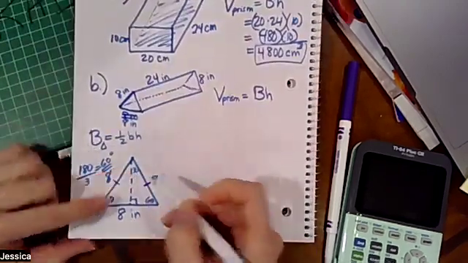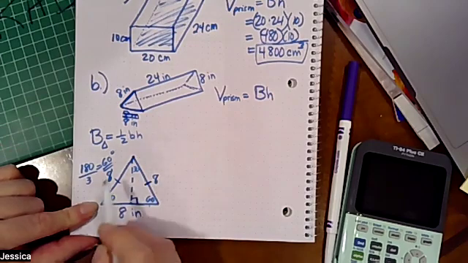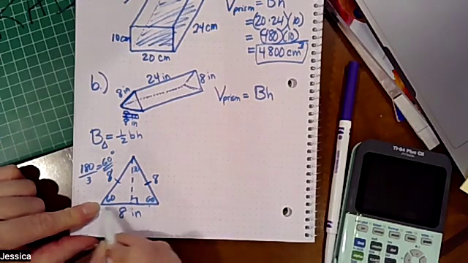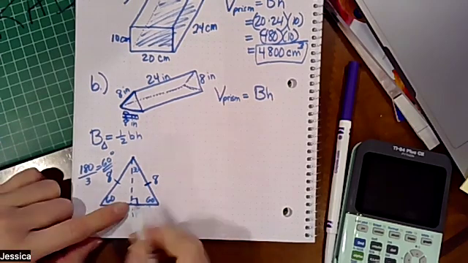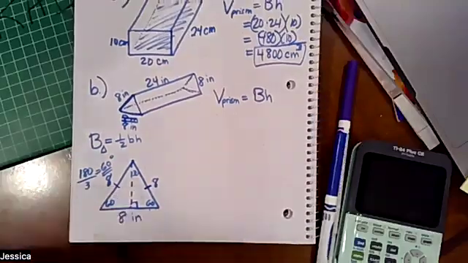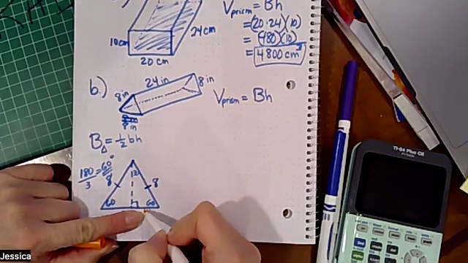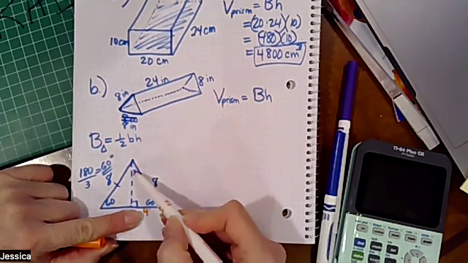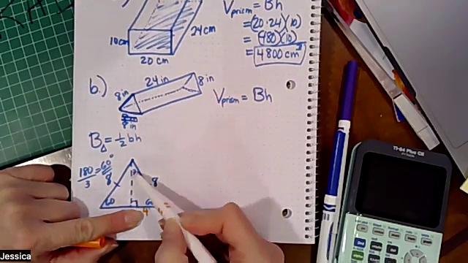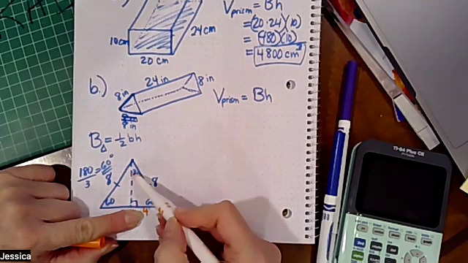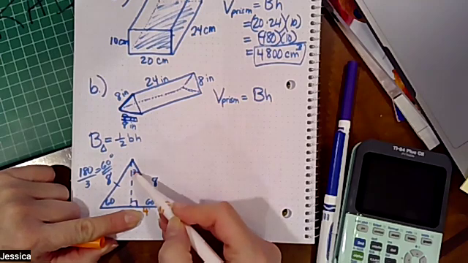Okay, so this is 30. So as an equilateral triangle, if this is 8 inches and it's cut in half, I think you all realize this is 4, right? So 4 is opposite. Notice we've got a 30, 60, 90, 30, 60, 90. And the 4 is opposite the 30.